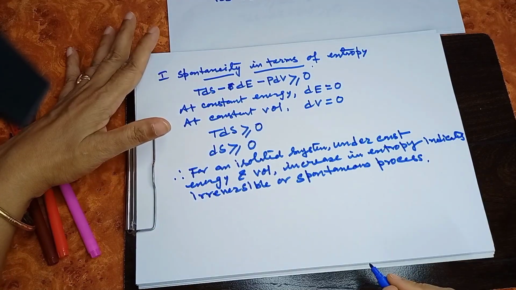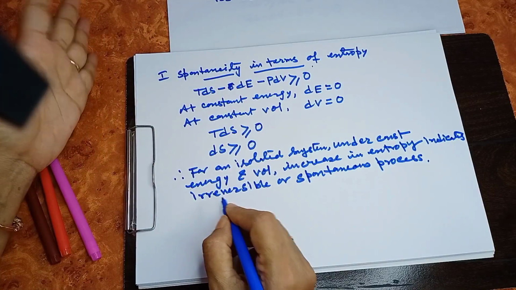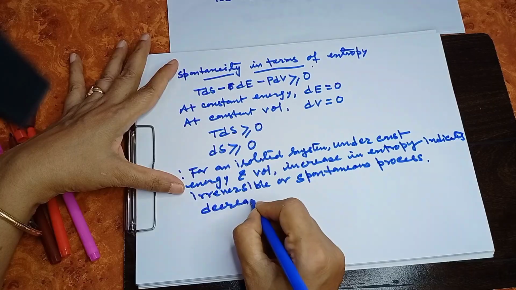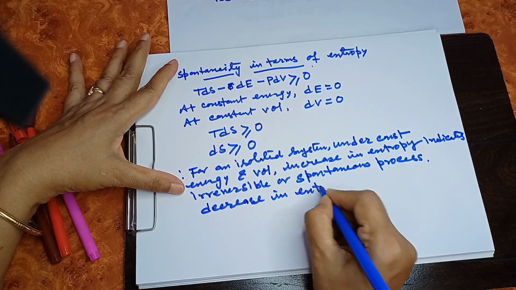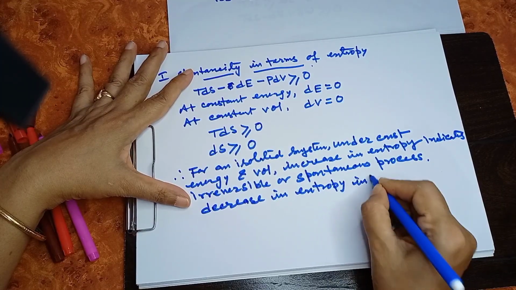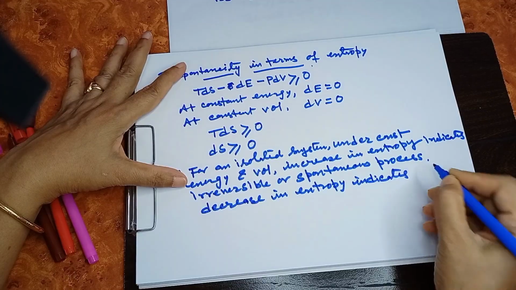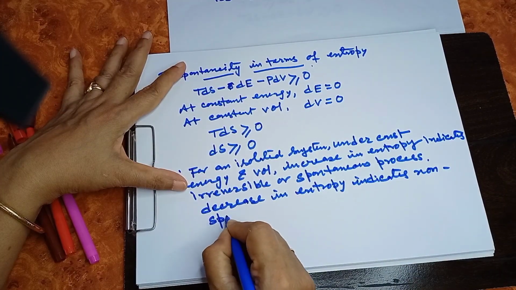A decrease in entropy, under the same condition, indicates a non-spontaneous process.